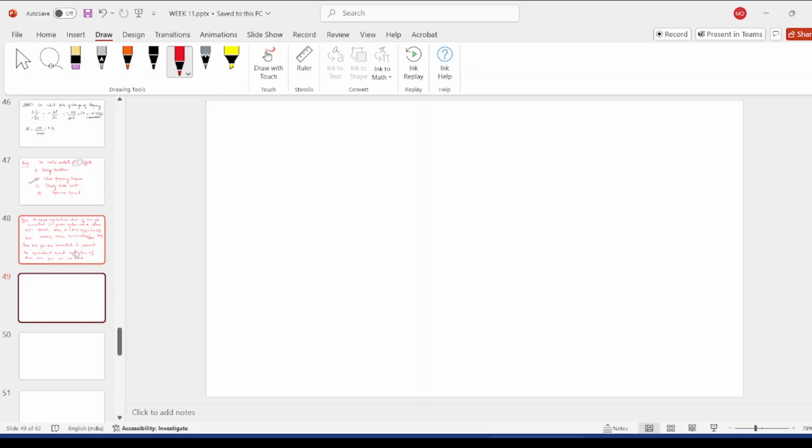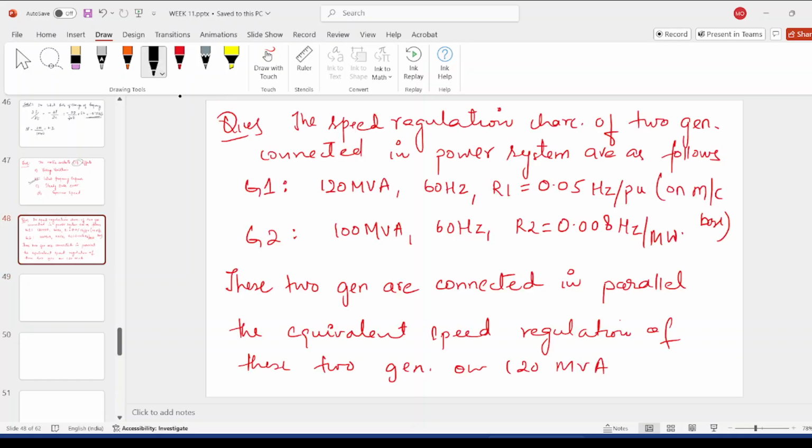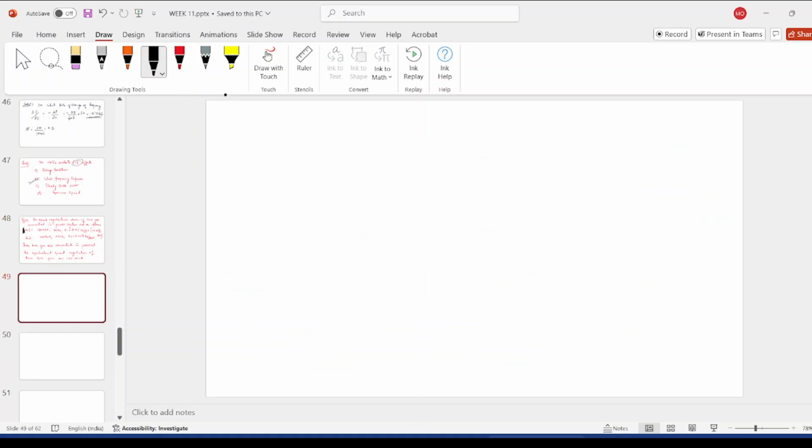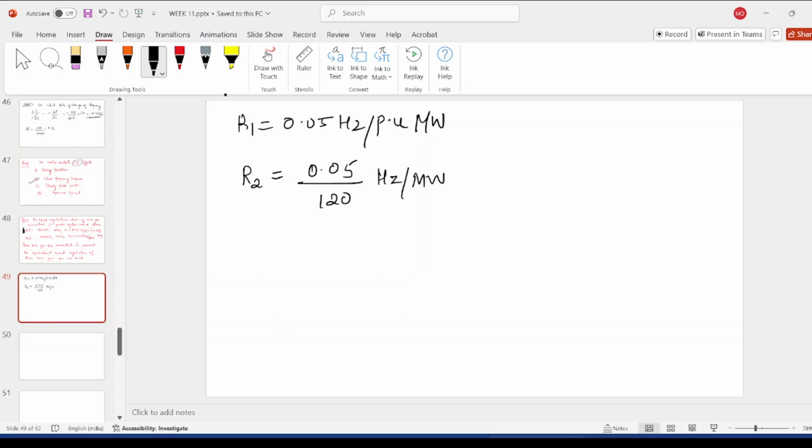So the first, R1, this is the machine base. So G1 we will consider as the machine base, so its R1 value will remain the same, which is 0.05 Hz per unit megawatt. And R2 is 0.05 divided by 120 Hz per megawatt.